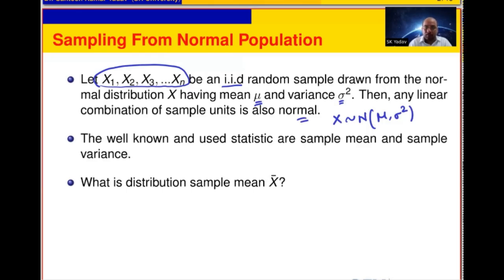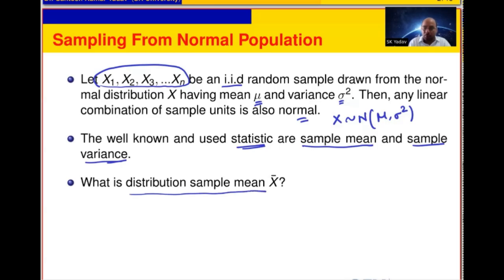Here the sample mean is a very famous statistic used to estimate the population parameter, which is the mean. The second one is sample variance. To understand what the sampling distribution is and how it can be obtained, we need to find the distribution of the sample mean.